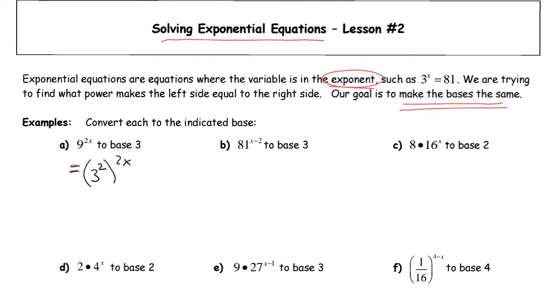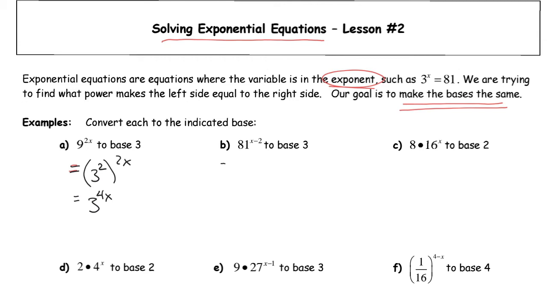I haven't done anything, it's still 9 to the 2x, but I have changed the way I've represented that 9. Now I've got a power of a power, so I can multiply the exponents, and 2 times 2x is 4x. So the expression 9 to the 2x could actually be written as 3 to the 4x.